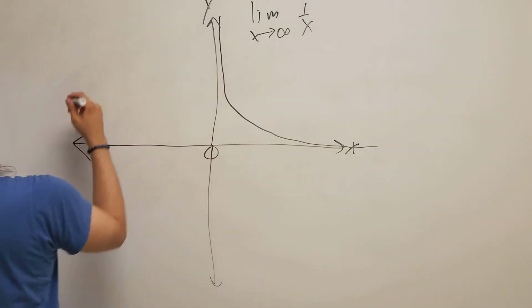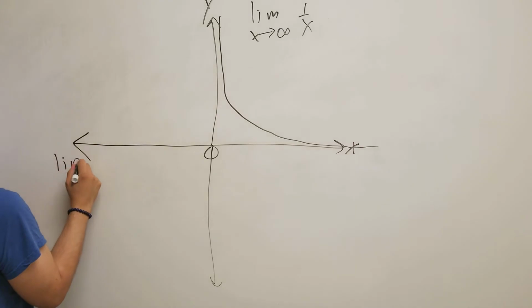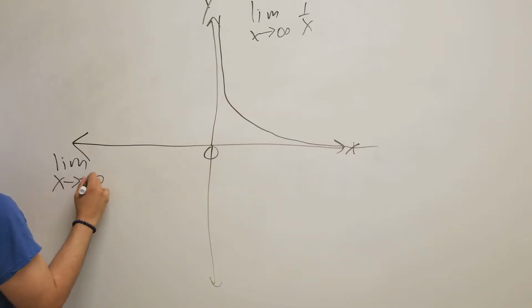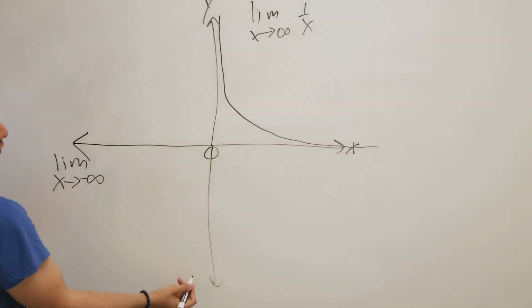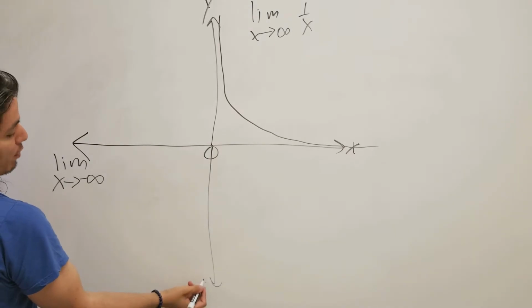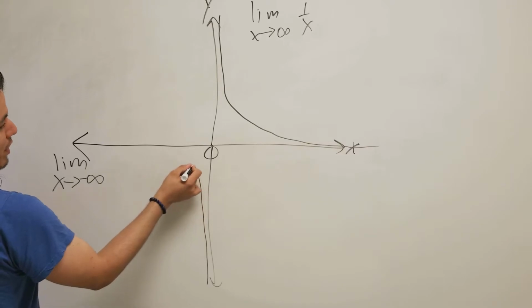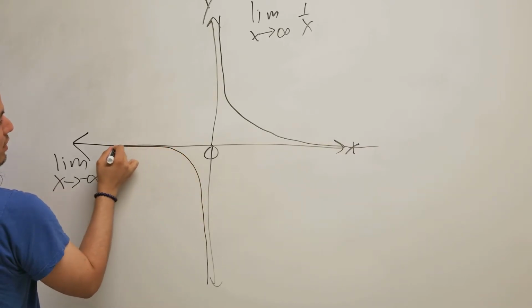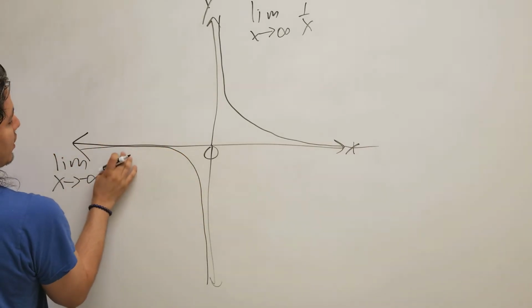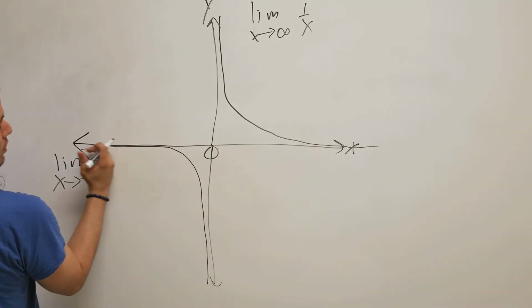And over here, the limit as x approaches negative infinity, as I choose values, the outputs keep going up and up, but they're negative, and then it starts swerving to the left. You can't really touch 0, but it swerves off to negative infinity.